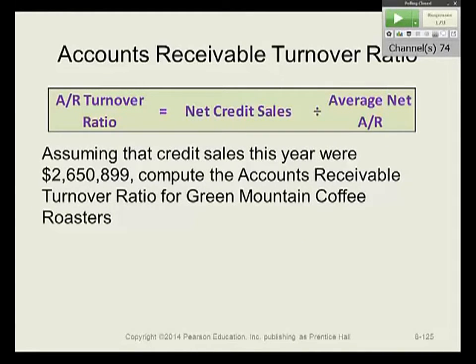The accounts receivable turnover ratio is going to tell you how many times per year the company goes from its maximum accounts receivable balance to full collection.